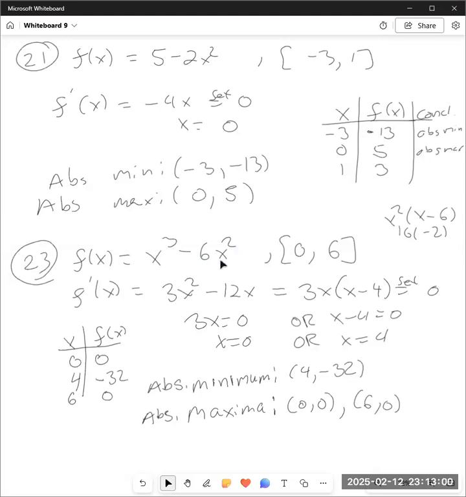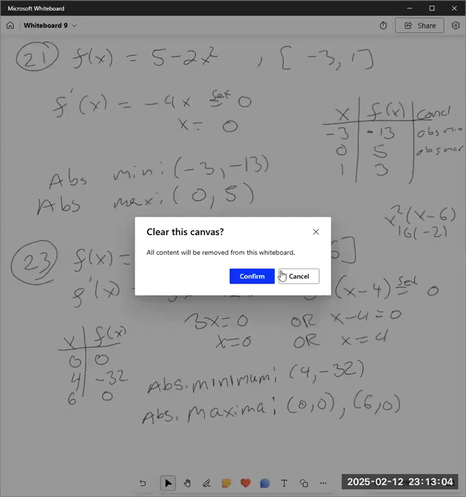Let's look at number 27. g(t) is 4 times (1 + 1/x + 1/x²) on the interval from -4 to 5.